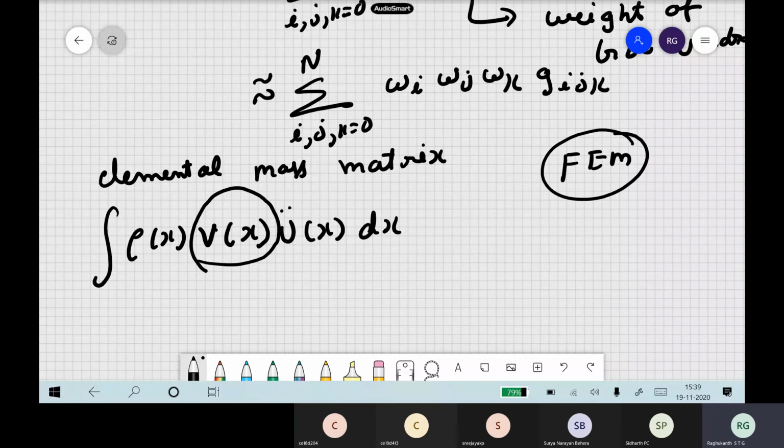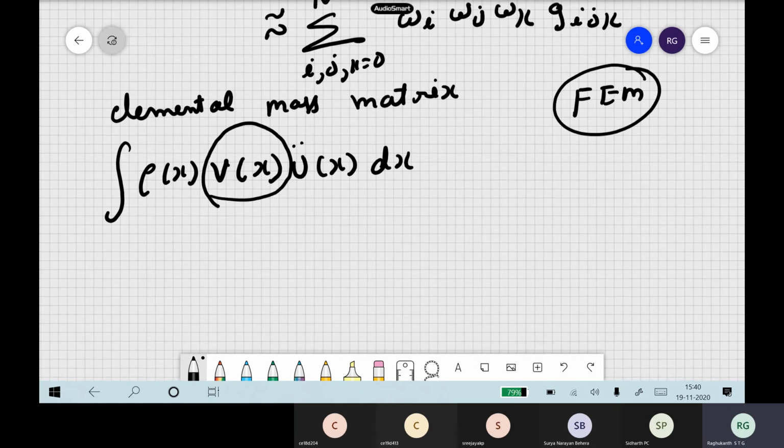What type of functions do you have to use? What functions do we use? People have forgotten. It's a very important thing, right? What type of test functions do we have to use? You remember? Have you forgotten?